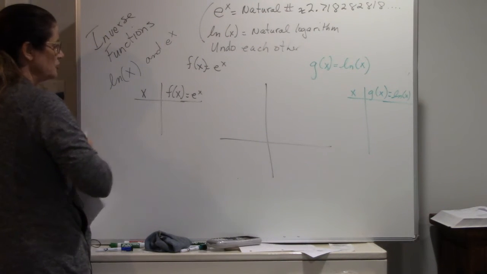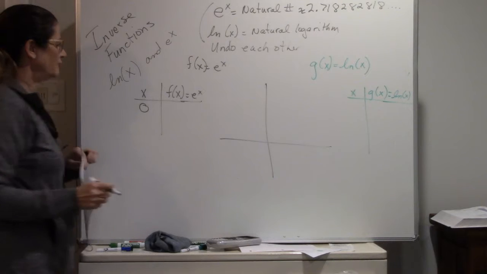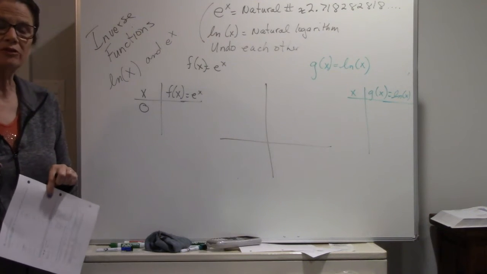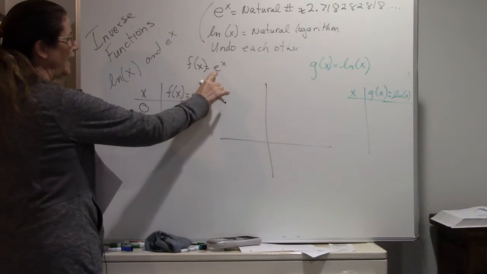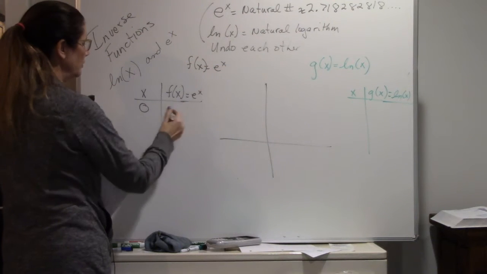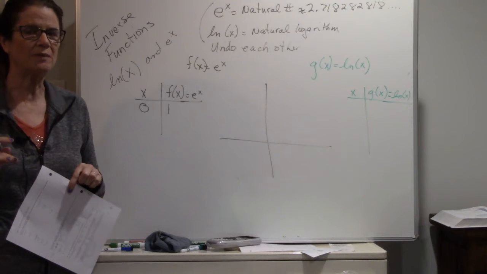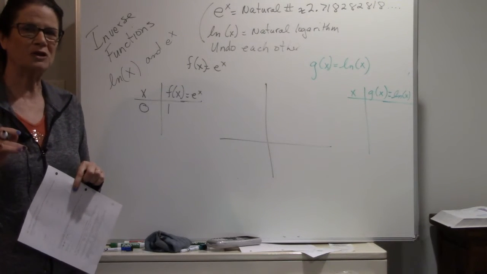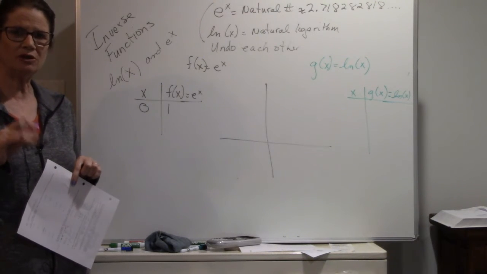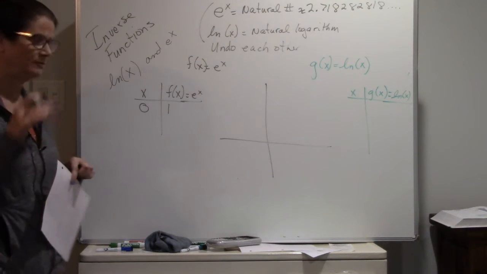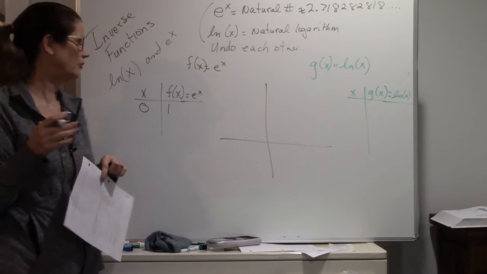That means I can use anything I want. So if I use the number 0 for my x value, what I have is e to the 0 power. Anything to the 0 power is always 1, every single time. If you don't trust me on that, go back to the exponent videos and watch why anything to the 0 power is 1.